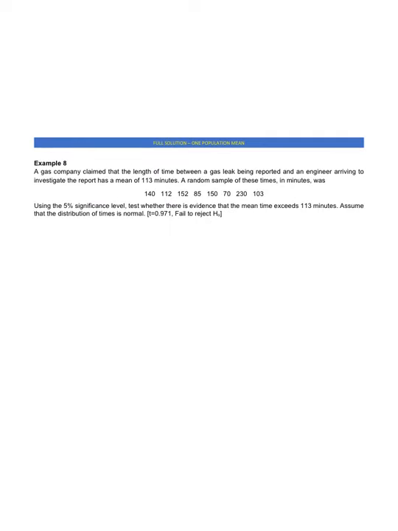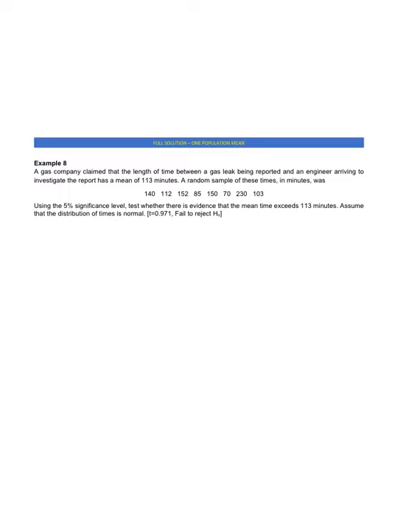Okay, now look at example 8. A gas company claimed that the length of time between a gas leak being reported and an engineer arriving to investigate has a mean of 113 minutes. A random sample of this time in minutes was given, you are given the raw data. Using the 5% significance level, test whether there is evidence that the mean time exceeds 113 minutes.